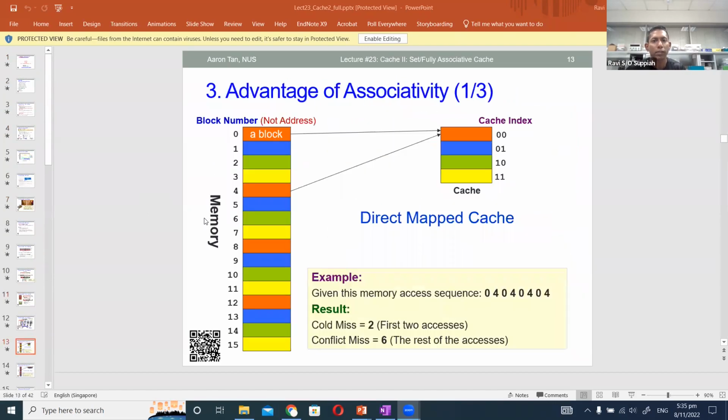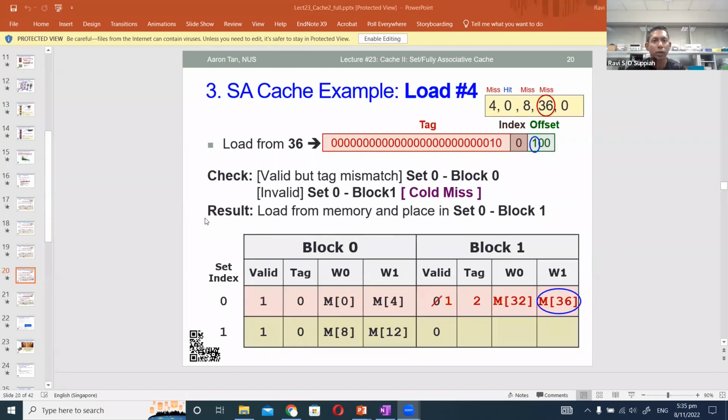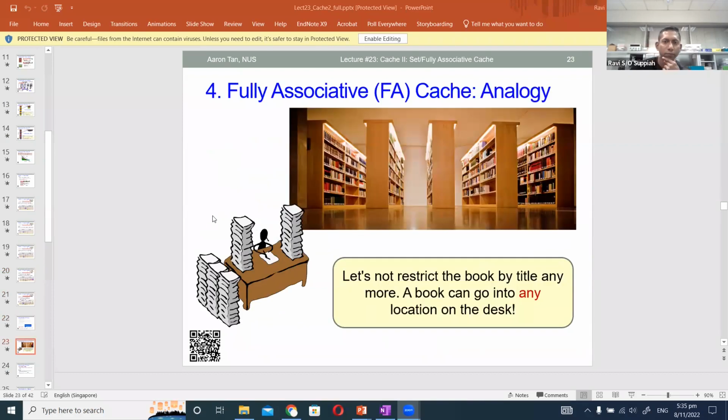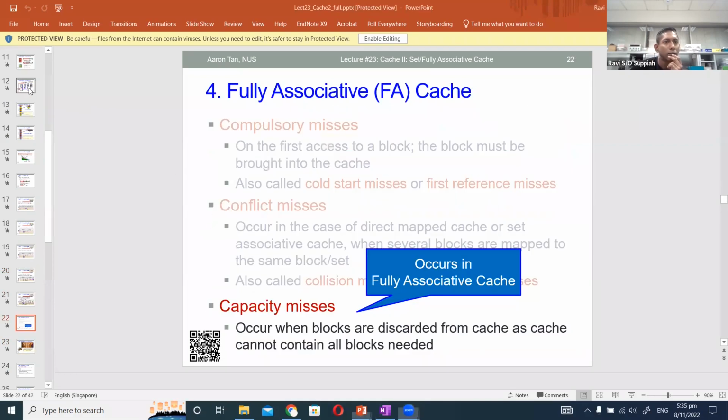More previous slides, as in the cache one, is it? Slide 12.